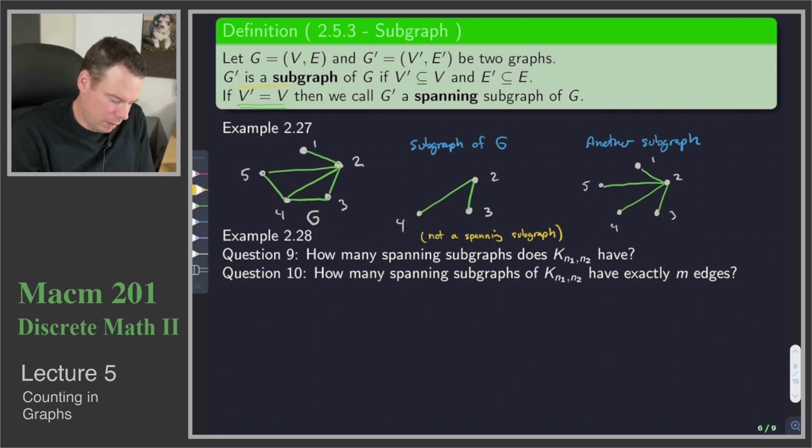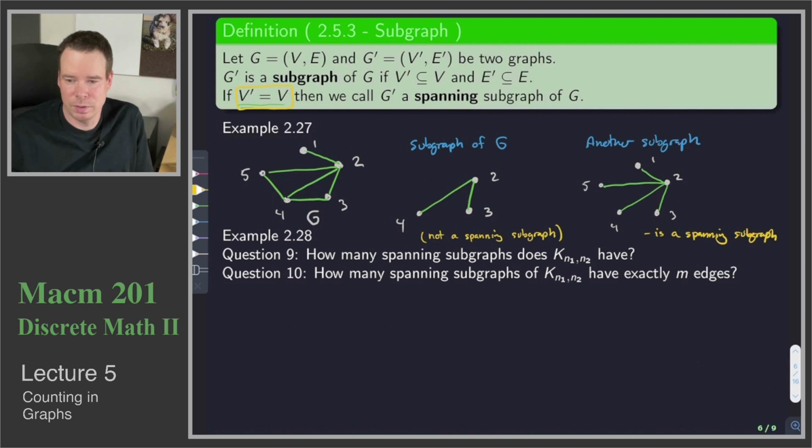Well, in order to be a spanning subgraph, the vertex set of the subgraph has to be equal to the vertex set of the graph. In this case, I'm missing vertices. In my subgraph, I don't have vertices 1 and 5. So it's not a spanning subgraph. The second one, however, is a spanning subgraph. Why is that? Because it has all of the original vertices.